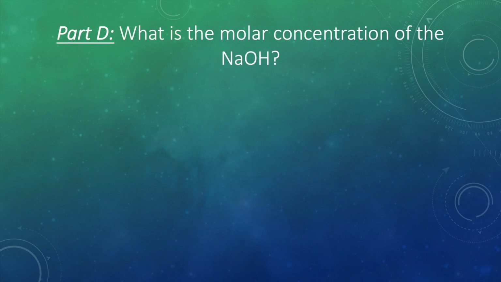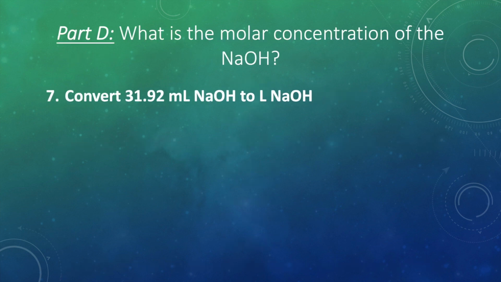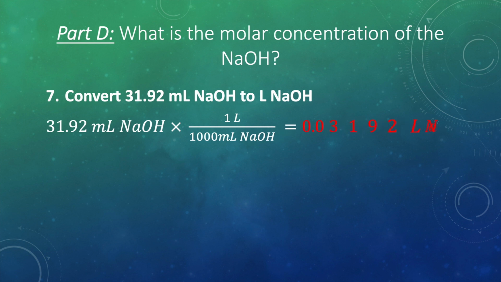For part D, we have to figure out the molar concentration of sodium hydroxide. So we convert the 31.92 milliliters of sodium hydroxide to liters by multiplying by 1 liter of sodium hydroxide divided by 1,000 milliliters of sodium hydroxide, and we get 0.03192 liters of sodium hydroxide.